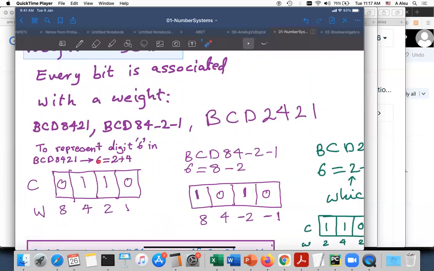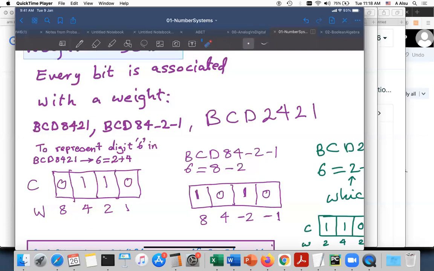So 6 we can write as 4 plus 2, or 2 plus 4, commutative. So we have the code here, which is 4 places or 4 binary bits, and the weights, which are 8, 4, 2, 1. We have a 1 for the 4 and a 1 for the 2, and a 0 for the 1 and 0 for the 8. So if you multiply this by that and this by that, add them up, you get a 6. That's what a weighted code means. Okay, so this is how you find 6.